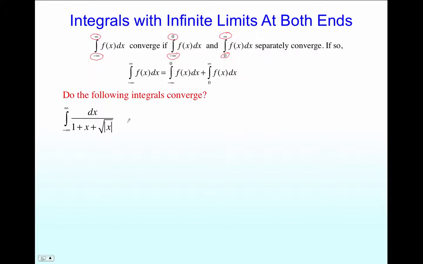Look at this one. The denominator is going to be a problem at large values of x, and you see that if x becomes very large, then we can just forget about this 1 and this square root of magnitude of x.